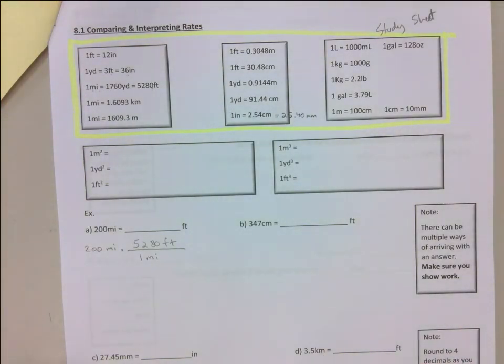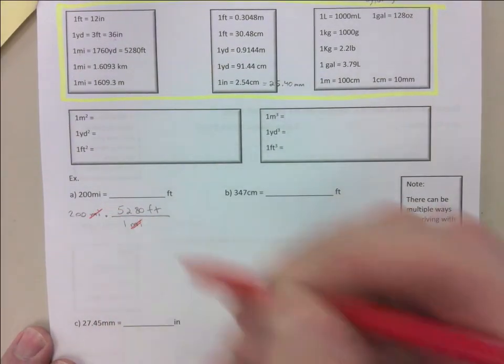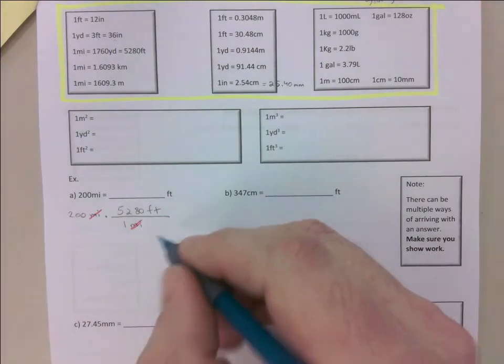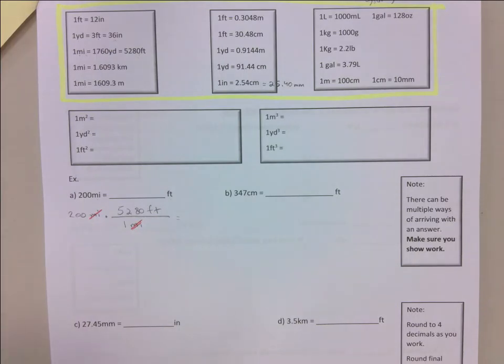Does that ring a bell? Does that bring back memories? I hope so. I hope good memories, right? Then you cancel out the miles. And so here essentially you just go 200 times 5280. I'm good at math, but not that good at math.